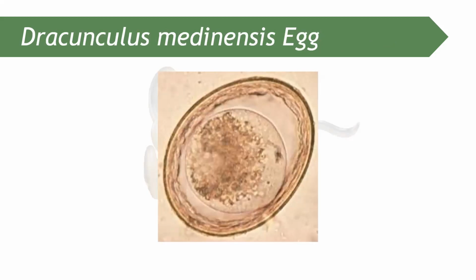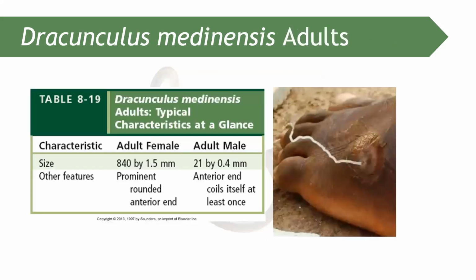So this is the egg of Dracunculus medinensis, okay? And this is the adult of Dracunculus medinensis, as seen from an infected ulcer.